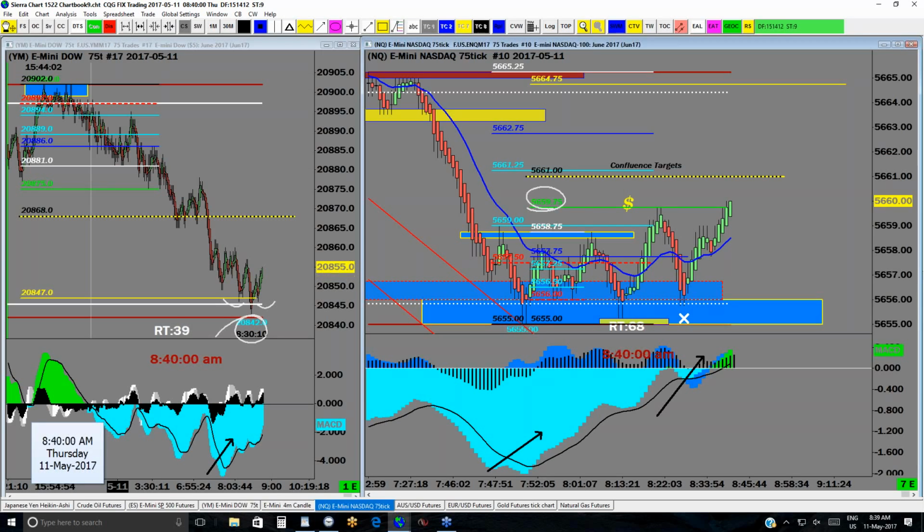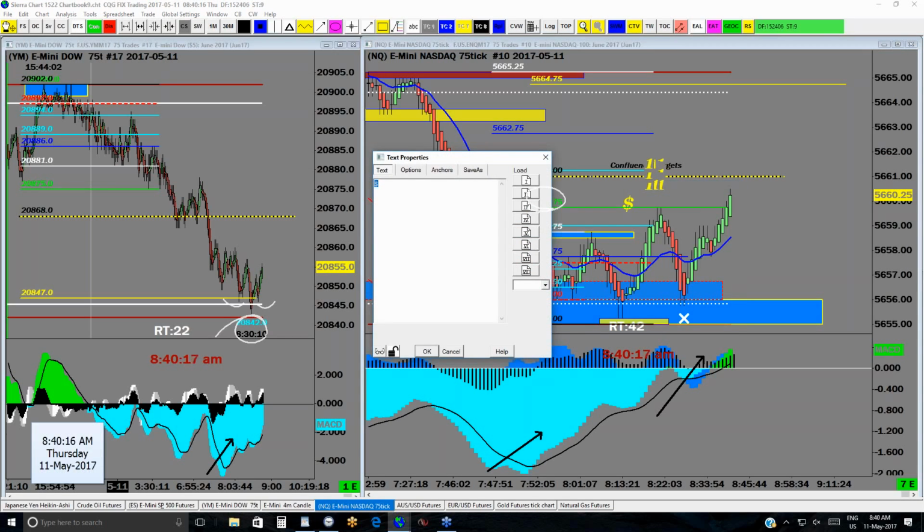And confluence targets, money off area. We have a money off symbol in here too. Text, I should say.